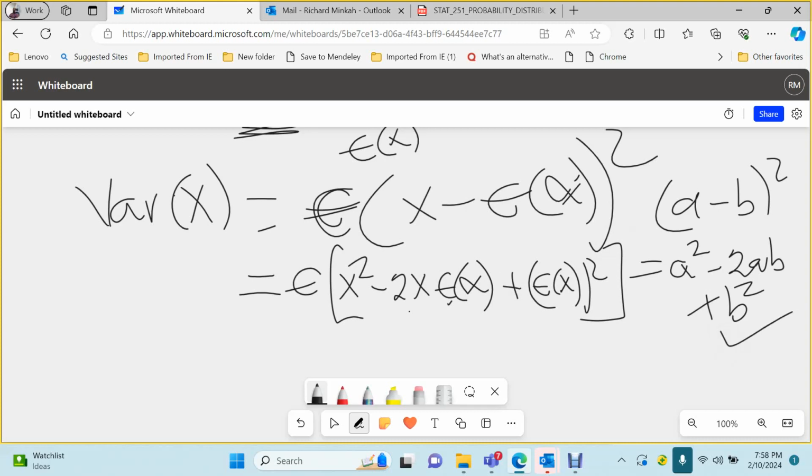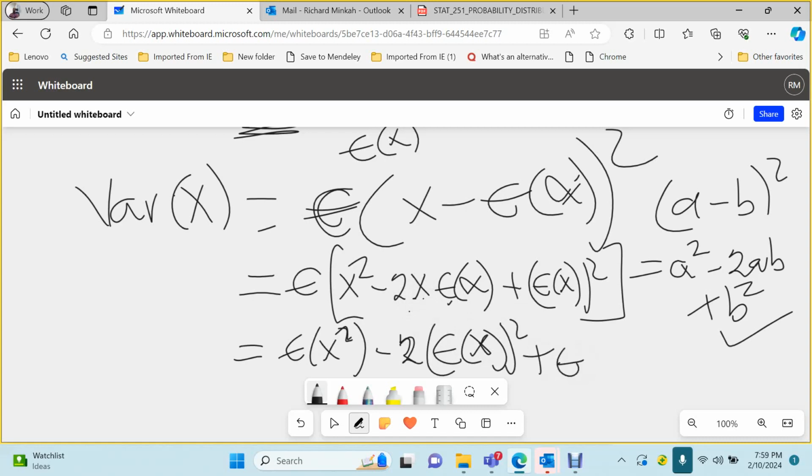Is that okay? Then now I can find my expectation. So this will be the expected value of X squared minus the expected value of X times X. The expected value of X is a constant, right? But X is not a constant. So I'm going to get minus the expected value of X times the expected value of X, so it will be the expected value of X all squared, plus the expected value of X all squared.